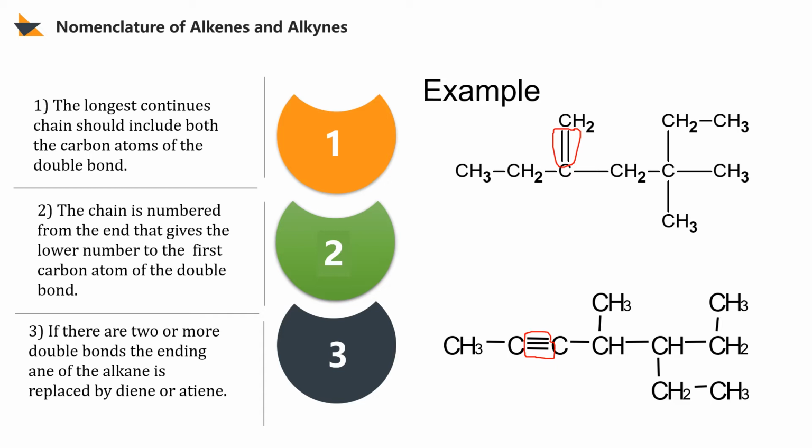In the first example, we have this as the main chain or the longest carbon chain. And for the second example, we have this as the main chain.